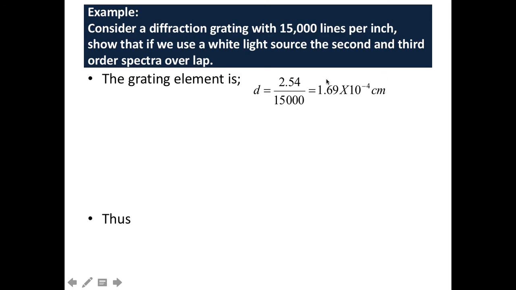You will get that distance as 1.69 times 10 raised to minus 4 centimeter.